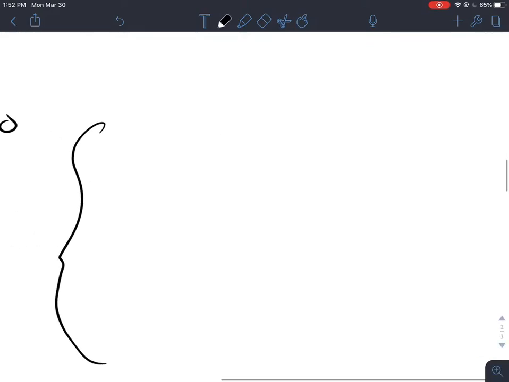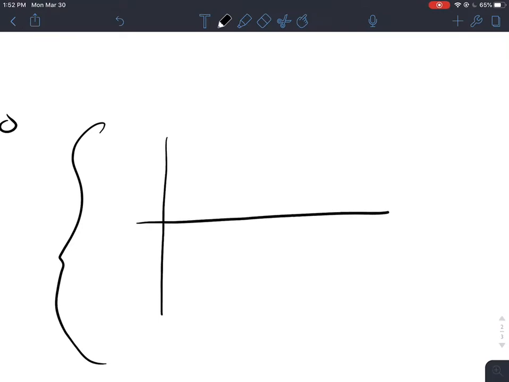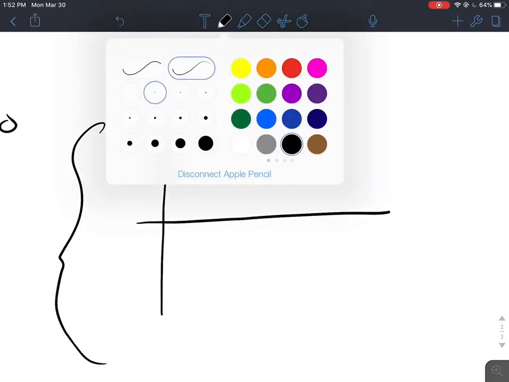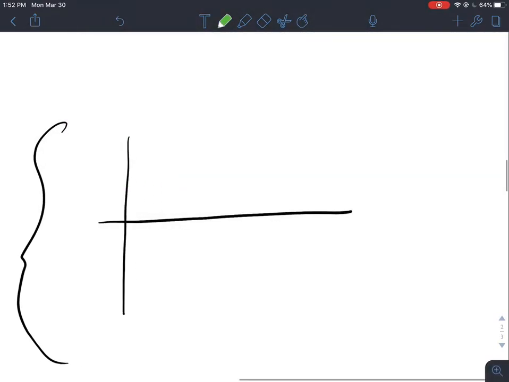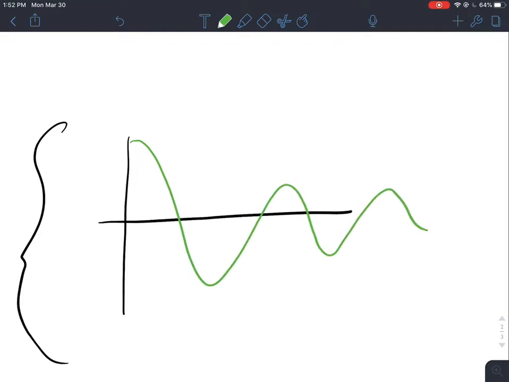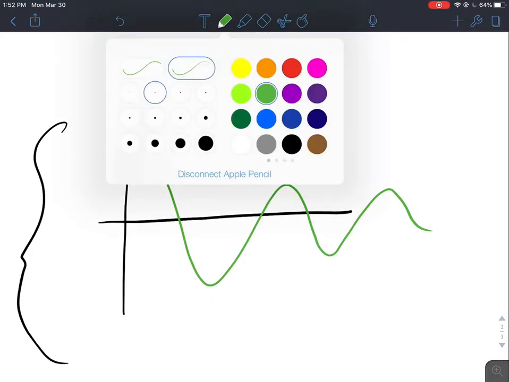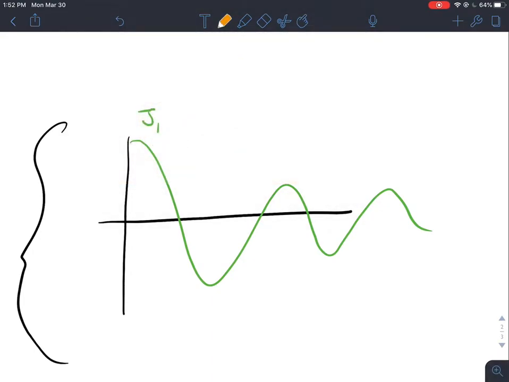And what do they look like? If I draw a graph of them here, J1 sort of looks like this thing. Let's call it J1. J2 sort of looks like this.